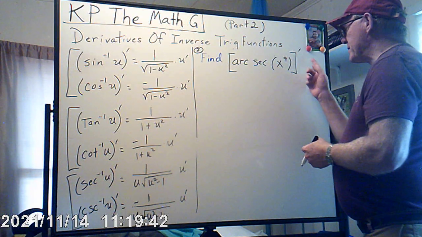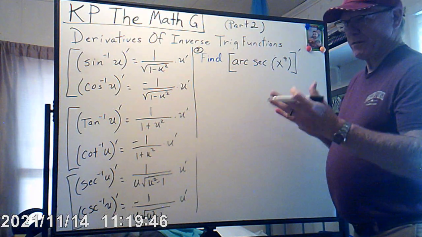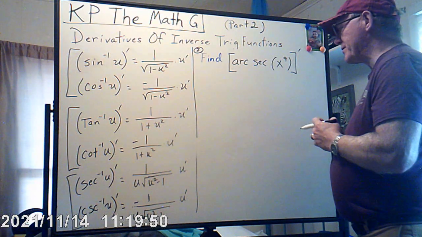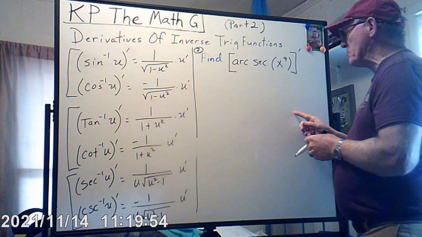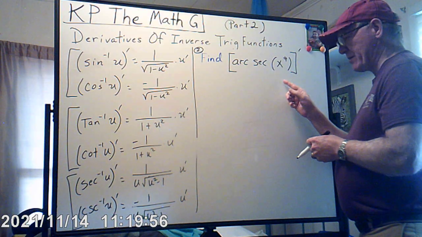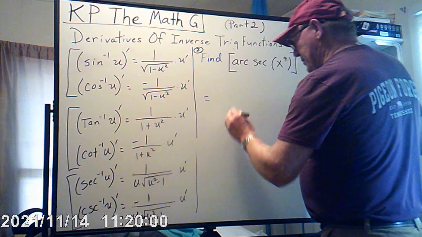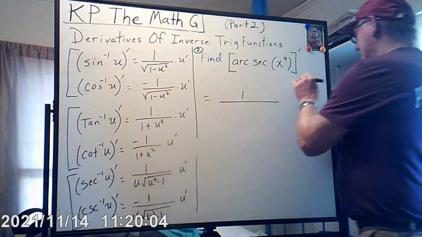Okay, let's go ahead and start with this. I wouldn't want to use e because we use that as a function, so I try to avoid e. Alright, I want to find this derivative. So let's look at it. I want to find secant inverse. There it is. It's 1 over u, and u is x to the ninth.